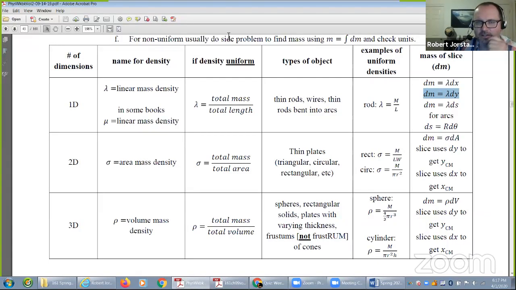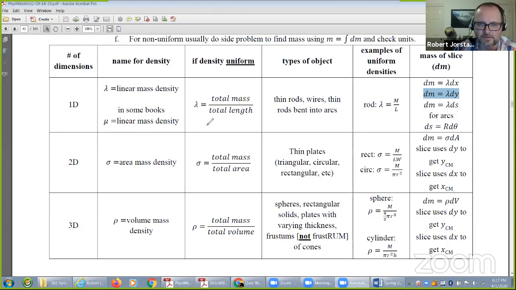So check the units on this. You might be saying, what the heck is all this junk? This has units of kilograms per meter, mass per unit length. Now think about this. Just because you're doing calculus in your math class without units doesn't mean that's right. You should be doing it the right way.